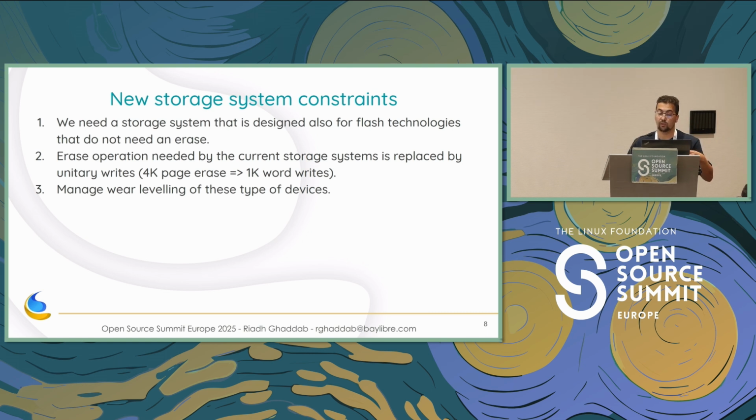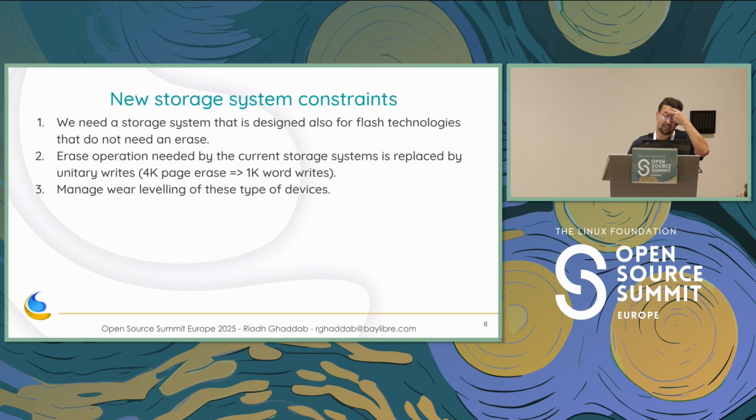But for the new devices, if we want to use the old storage systems that exist today in Zephyr, we need to emulate those erase operations. For example, for 4K, if the unit that we use to write is 4 bytes, we need to make 1K write operations to achieve the same status.